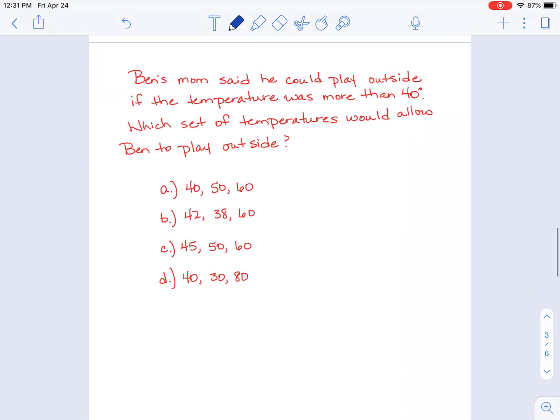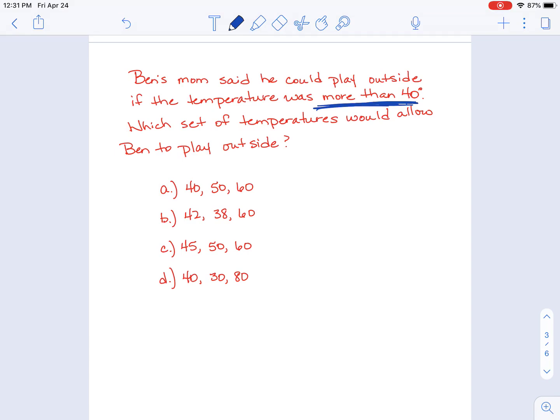All right, then I'm going to give you some situations. And from them, you have to decide what is the best choice. So let's look at this. Ben's mom said he could play outside if the temperature was more than 40 degrees. Which set of temperatures would allow Ben to play outside?